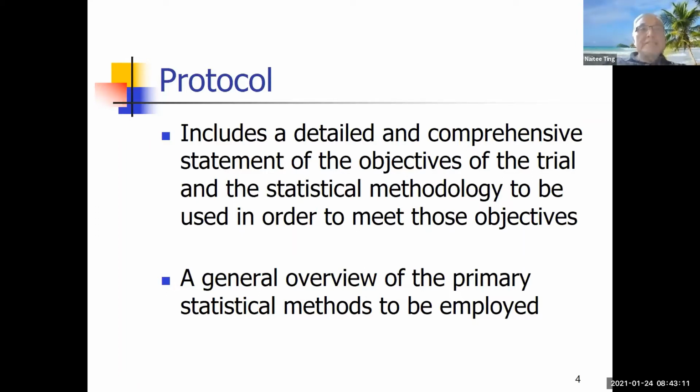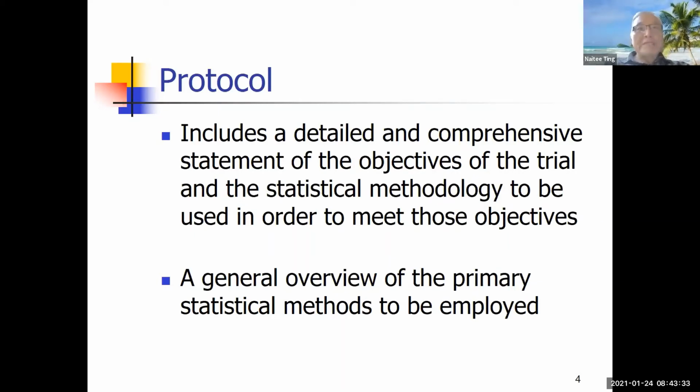So again, like I said, in the protocol there is a statistical method section. In the statistical method section, there are two components. One component is sample size justification, the other is the primary analysis method. The primary analysis method helps you demonstrate how alpha is protected. Right?